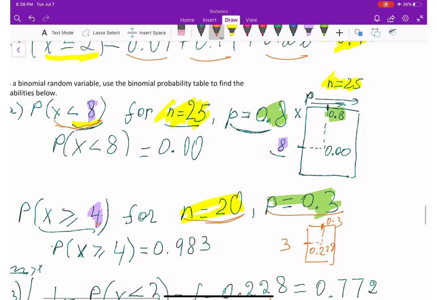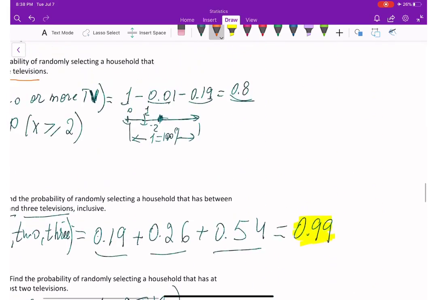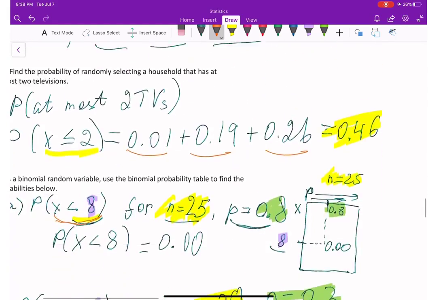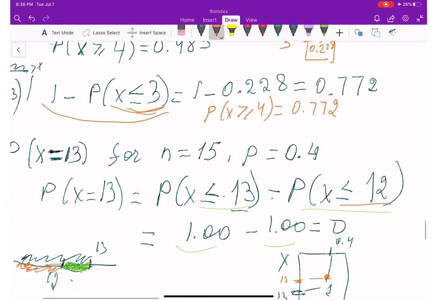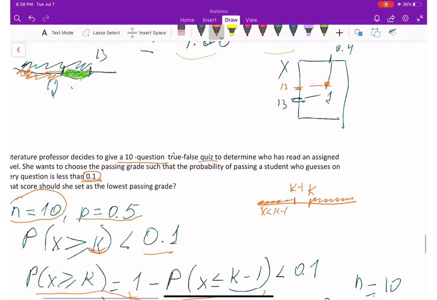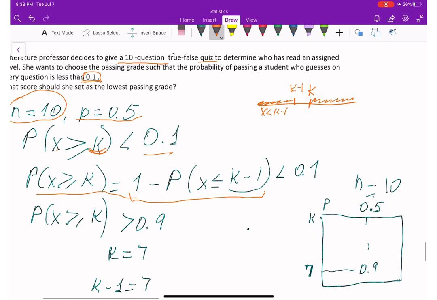So if it's greater than or equal to K, then I have to take less than or equal to K minus 1, one number less. So 1 minus the probability of X less or equal to K minus 1 is less than 0.1. So from here, what do we get?